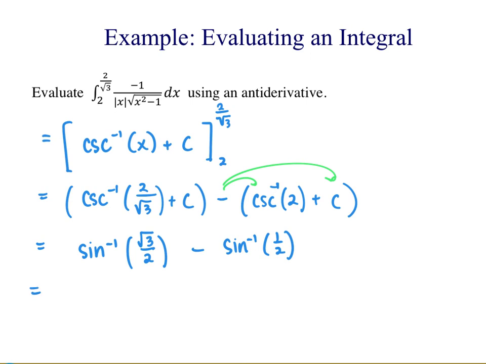So the sine inverse of rad 3 over 2 is pi thirds, and the sine inverse of 1/2 is pi sixths. So we're looking at pi thirds minus pi sixths, which is pi sixths. And that again represents the irrational but exact answer to the area under the curve if we would draw it visually. All right, so that took less than 20 minutes.